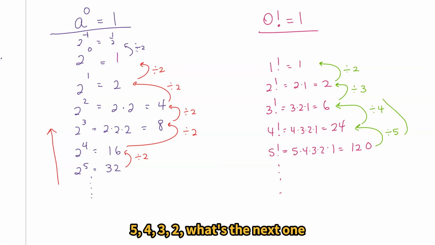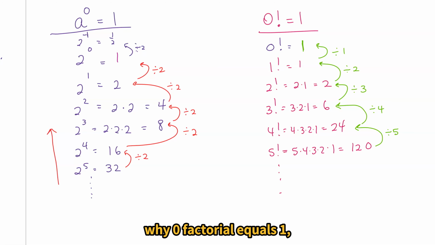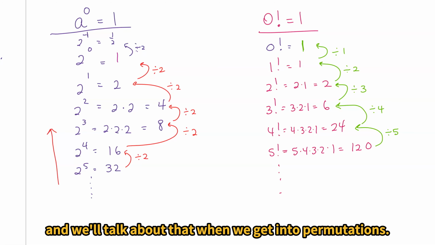Notice the pattern: 5, 4, 3, 2. What's the next one for our 0 factorial? Right. Divide by 1. 1 divided by 1 gives us 1. There's another physical reason why 0 factorial equals 1, and we'll talk about that when we get into permutations.